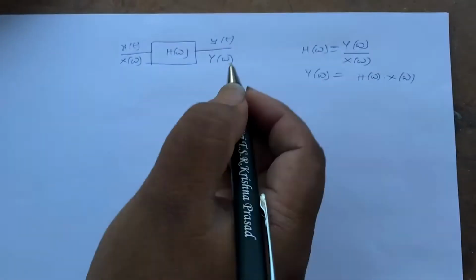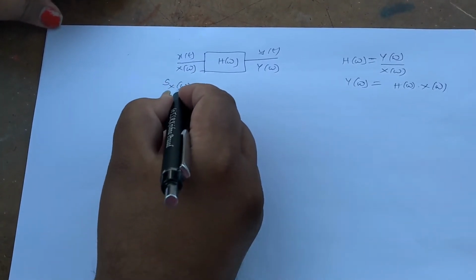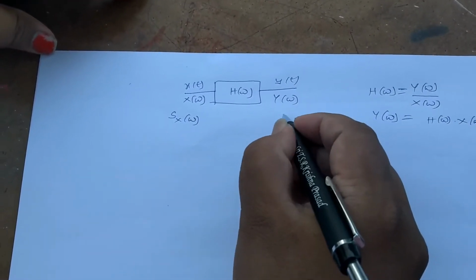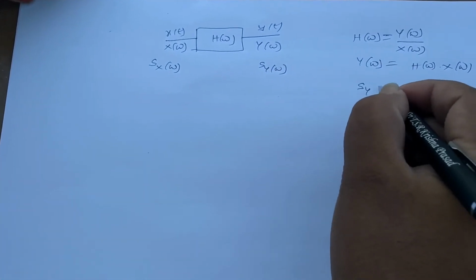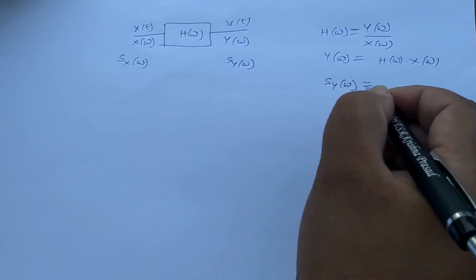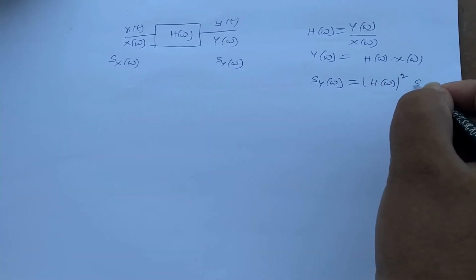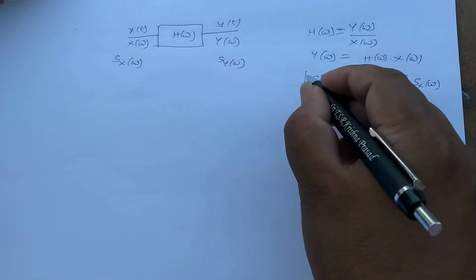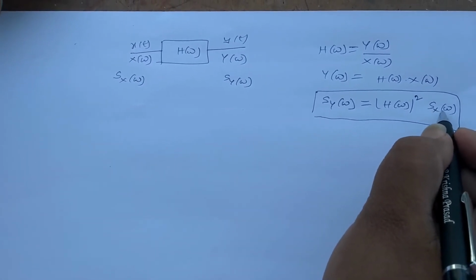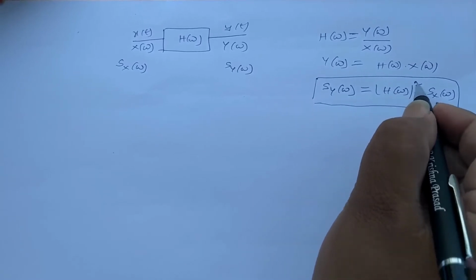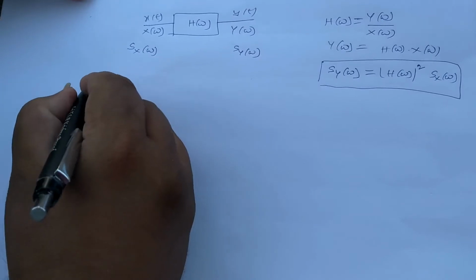The same relation for power spectral density: the input power spectral density is S_x(ω) and the output power spectral density is S_y(ω). The power spectral densities are related by S_y(ω) = |H(ω)|² S_x(ω), which is nothing but the output power spectral density equal to the input power spectral density multiplied by |H(ω)|². Now we'll discuss the same thing for the differentiator.